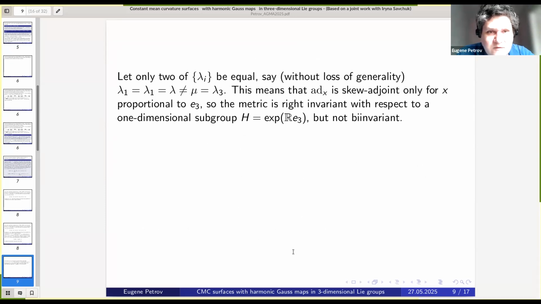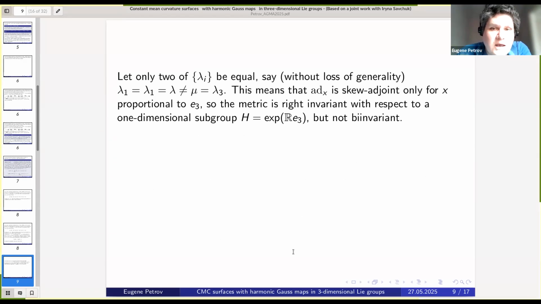Let us consider the case when two of the lambda_i are equal and the third is different. Let us denote them by lambda and mu. Algebraically, that means that the adjoint operator is skew-adjoint only for x proportional to E3.